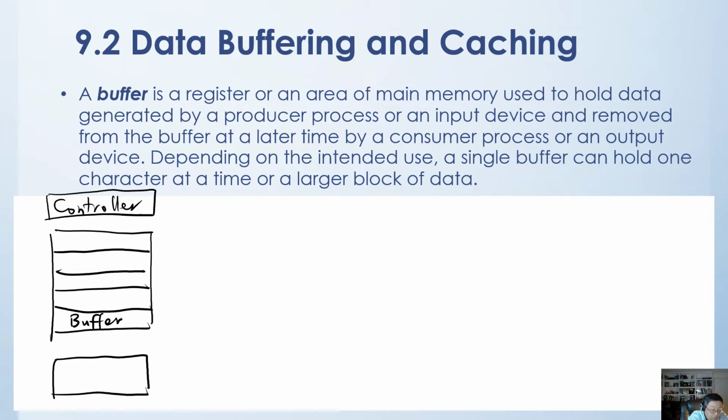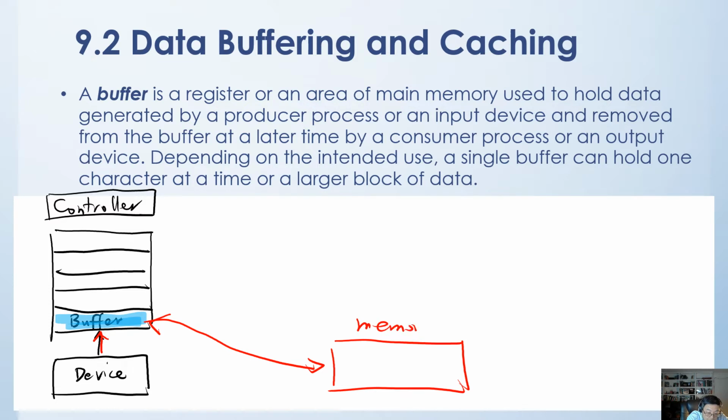In this particular case, it just holds the data from the device, like an input device. So it keeps the data copied from the input device, and then later this data will be removed from the buffer and copied to the main memory.